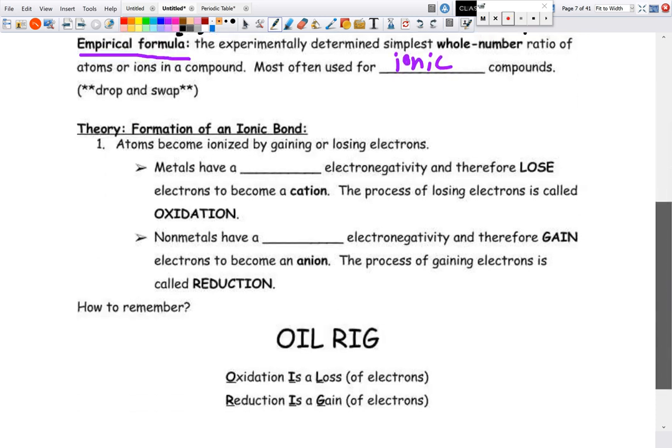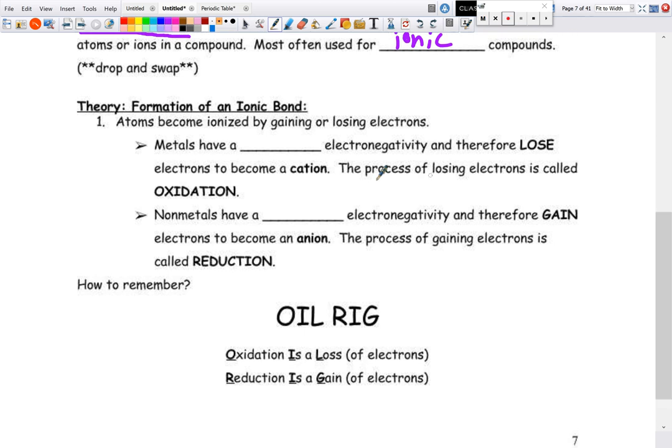So, first, the theory behind this. Atoms become ionized by gaining or losing electrons. If we remember the idea about electronegativities, metals have very low electronegativities, so they're going to lose their electrons to become a cation. This process is called oxidation. Nonmetals have a high electronegativity, generally speaking, so they're going to gain electrons, and this is called reduction.